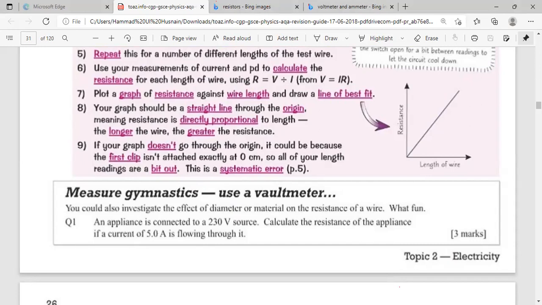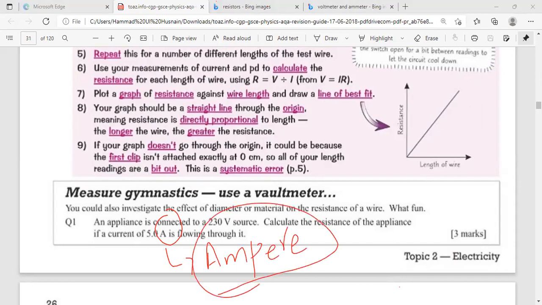This A means ampere. Ampere is basically the unit of current, right? And it is represented by this A. 5 ampere flowing through it.